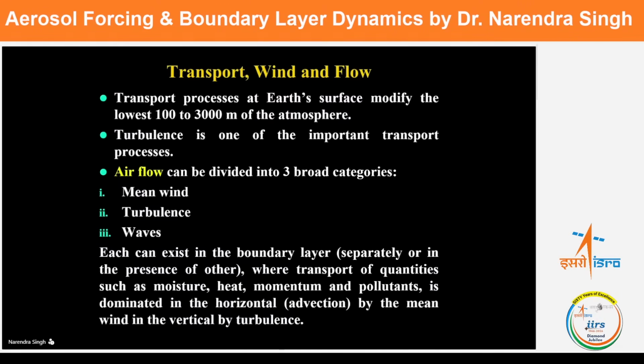So over desert, if you try to make measurements in the summer, maybe the boundary layer there will be 3000 meters, which is not possible at flat land or ocean or anywhere else. So turbulence is one of the important transport processes. How do momentum, energy, mass, water vapor or aerosols get taken higher up in the vertical? It is because of the turbulence.